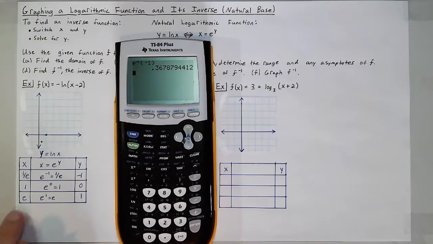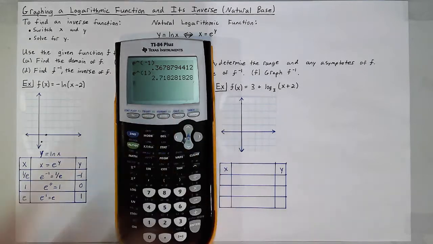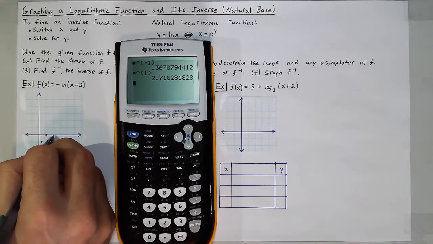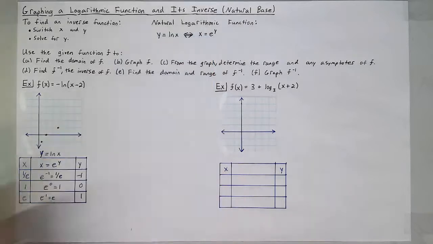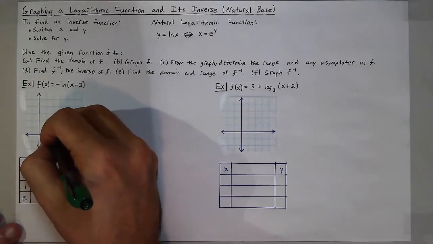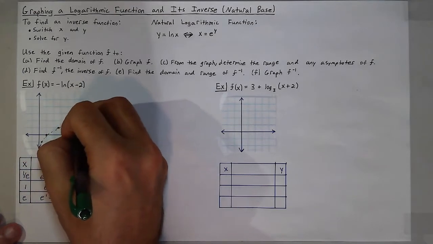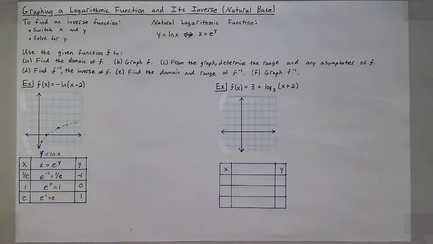And then when x is e, y is 1. So at 2.71, about right here, y is 1. So I have those 3 points, which I will now draw my curve through, and then shift with the transformations.